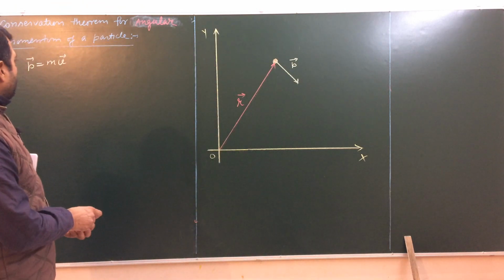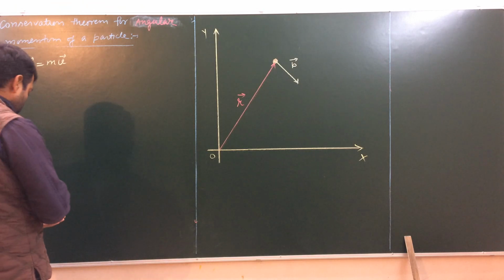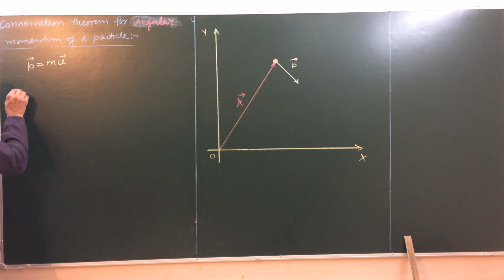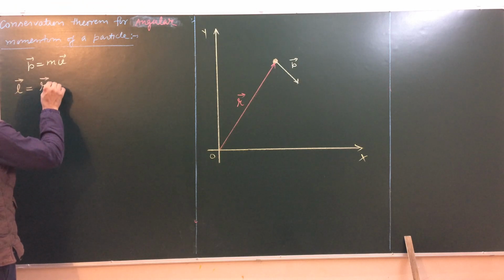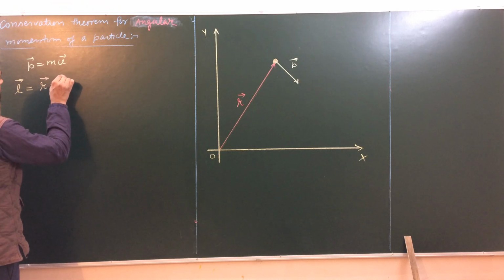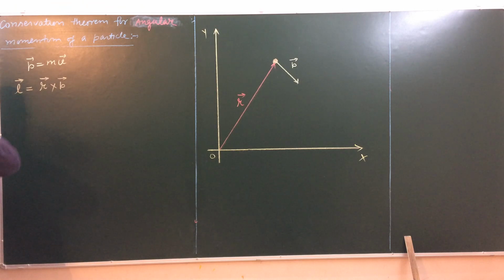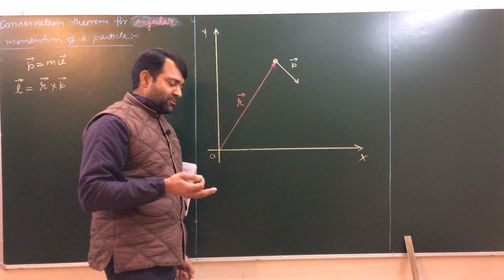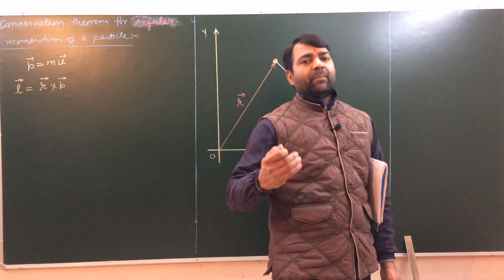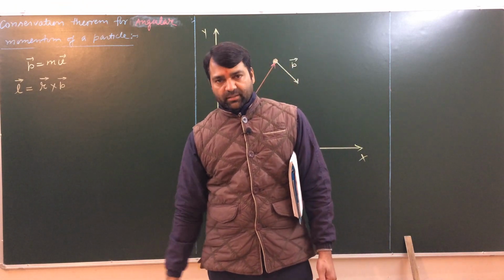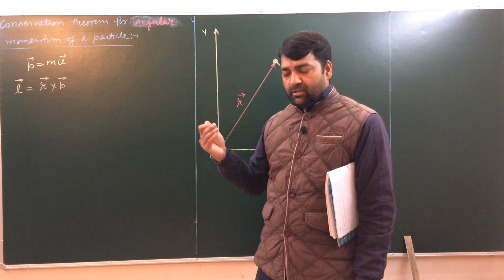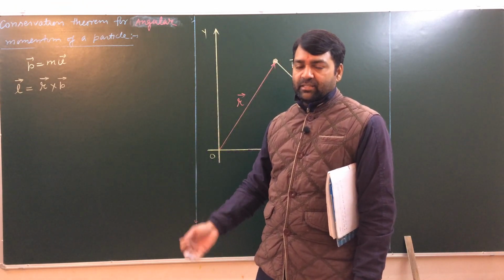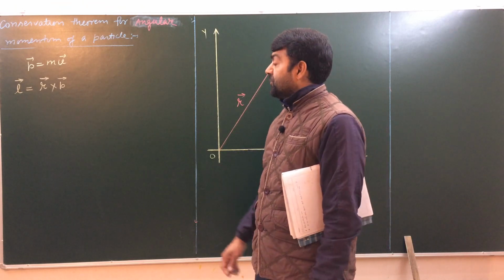Then angular momentum is a quantity which is defined for this particle in this way. Angular momentum, lowercase l, is the cross product of the position vector of this particle and the linear momentum. You might have also encountered angular momentum with uppercase L. That is for a system of particles, which we are going to discuss after we finish mechanics of a particle.